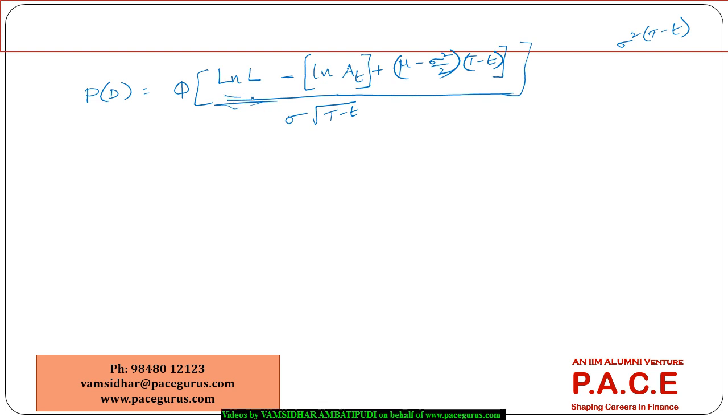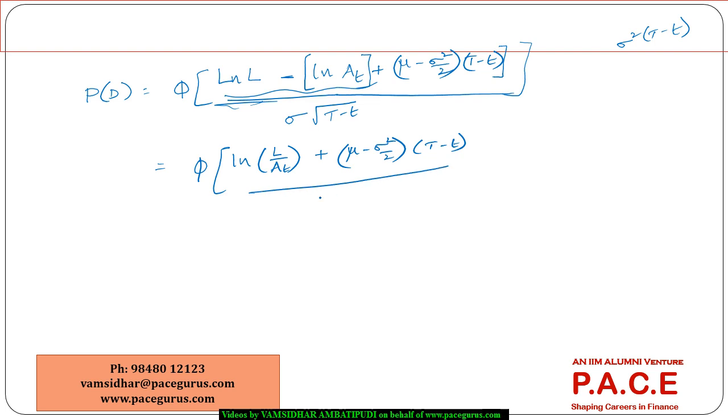If required, I can combine these two things, and I say that the probability of default is nothing but log L by At plus mu minus sigma squared by 2 times T minus t, divided by sigma root T minus t. So this is how we can compute the probability of default.